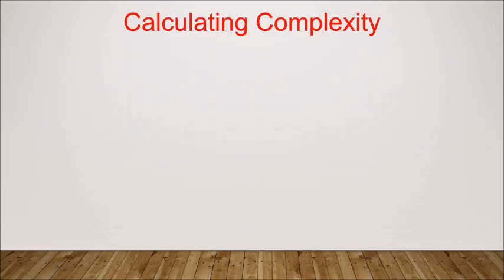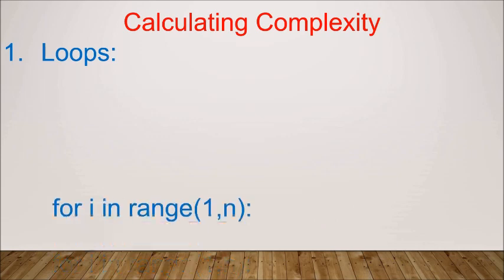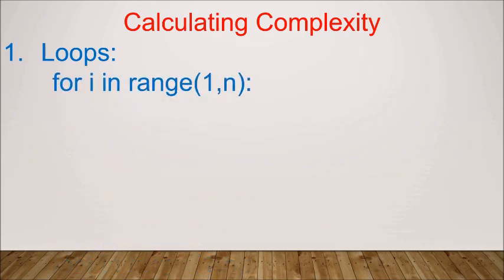Now, how to calculate the complexity of any program. First of all, if we are considering a loop, you can see here a normal loop, for i in range, and print i. Suppose time t is needed for execution of print i. Obviously you can see how many times this loop will execute: n minus 1 times, because it starts from 1 and goes up to n, and the upper limit is exclusive.